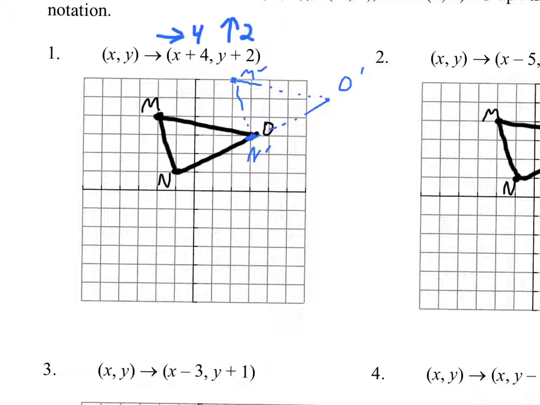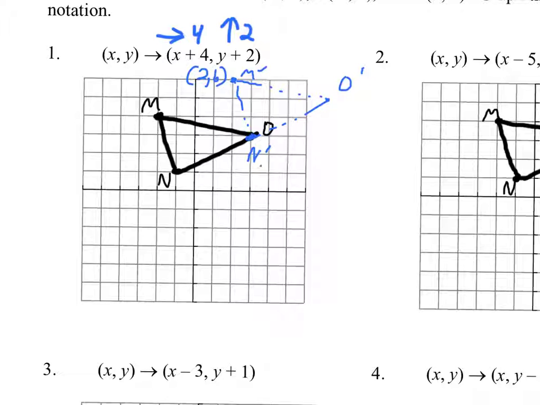Now, the directions here did not say that you had to name the coordinates of the image of the new shape, but if you look at the answer key in the back, you notice that they are all listed like that. So it's not a bad idea to get in the habit of naming where they are. For instance, M prime is at (2, 6).